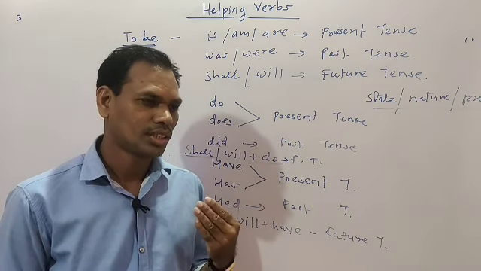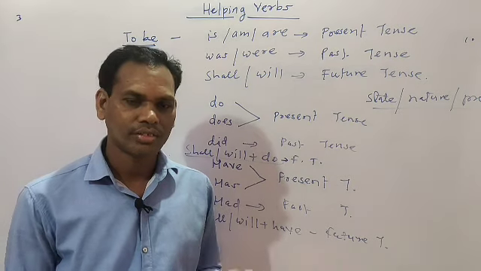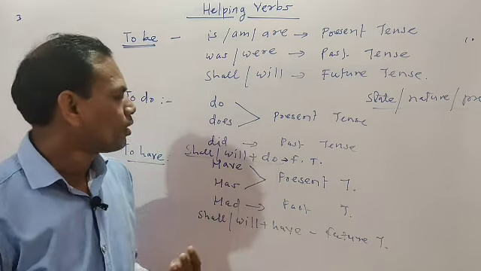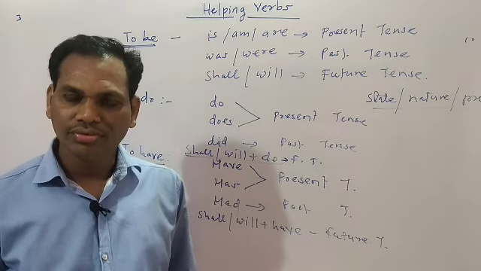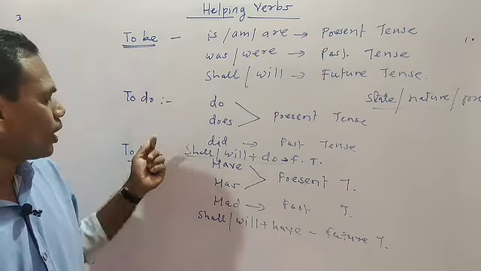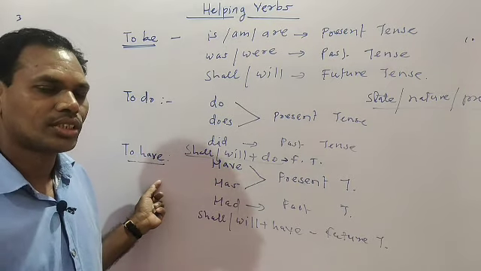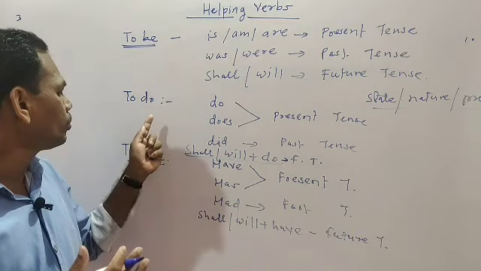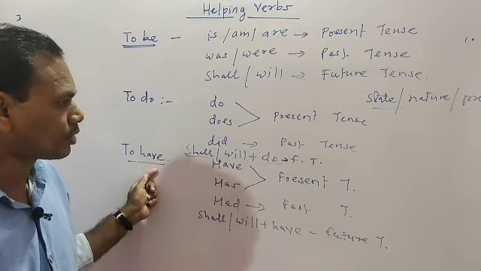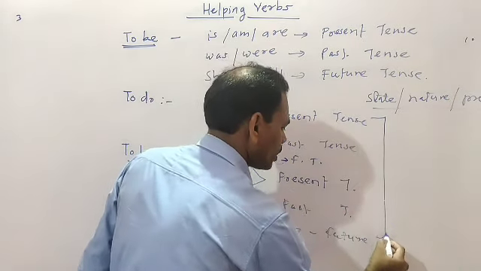Right from nursery, KG1 or 4th standard, our teachers have taught this portion to us. But you know, the real confusion is there. These to be, to do and to have are the helping forms. But the same be, do and have are also main verbs. Remember, try to avoid this confusion.